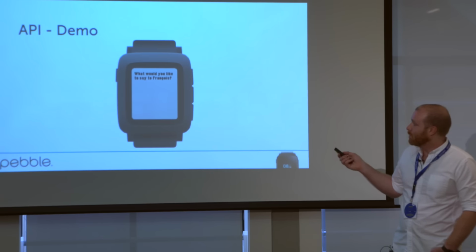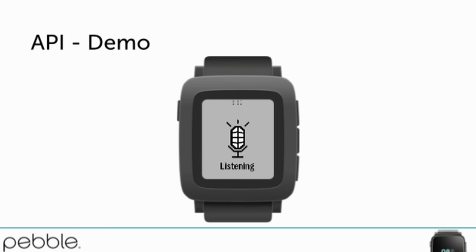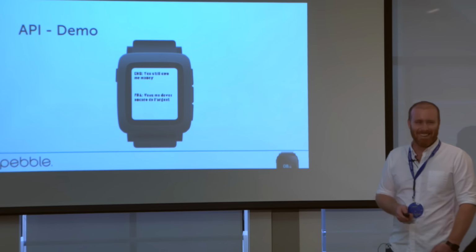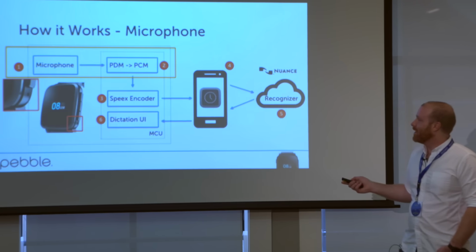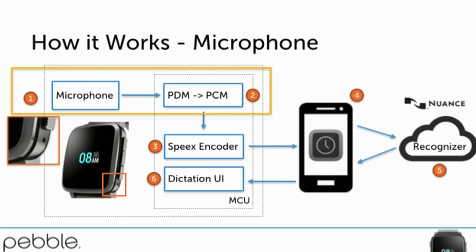What would I like to say to Francois? And I've been trying to get this through to him for a few weeks, but he just doesn't seem to understand. It says, you still owe me money. And that's, vous me devez encore de l'argent. Okay, and I can actually show you that on my watch afterwards if you like, if you don't believe that I did it.